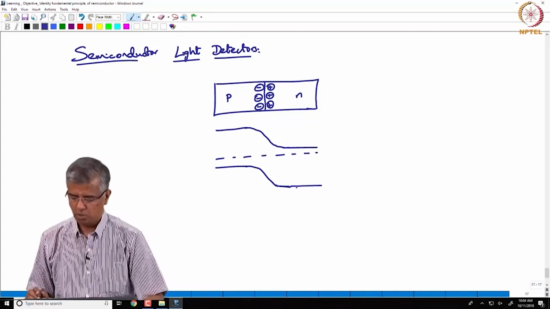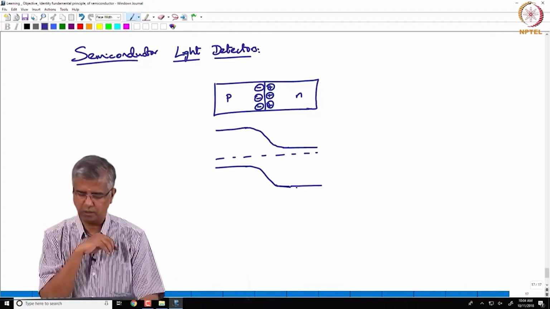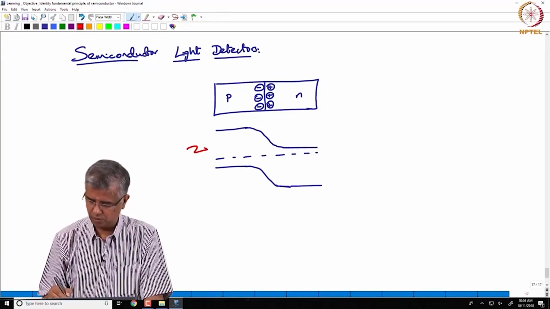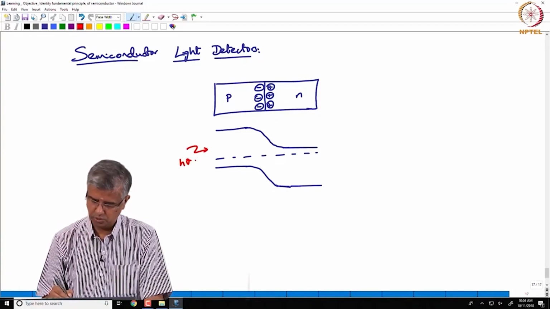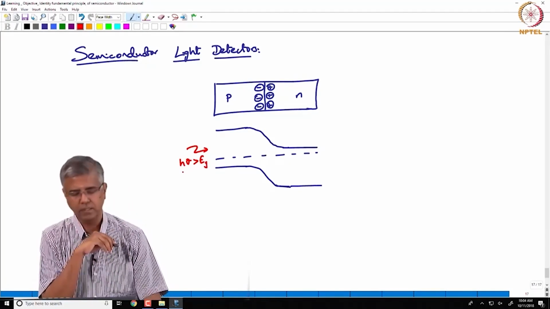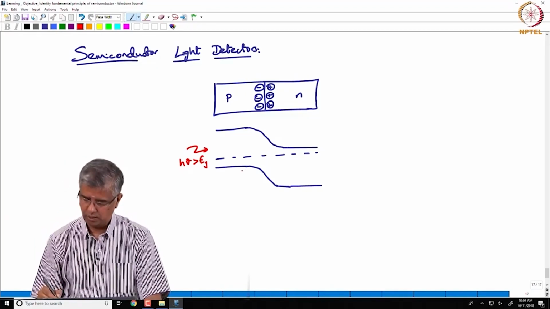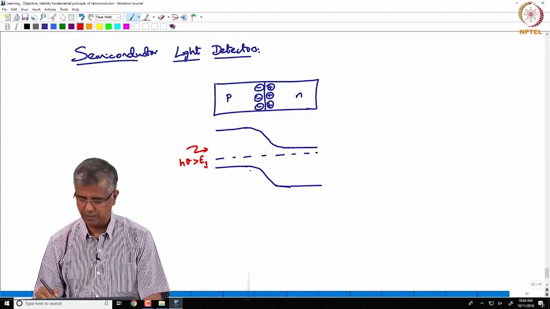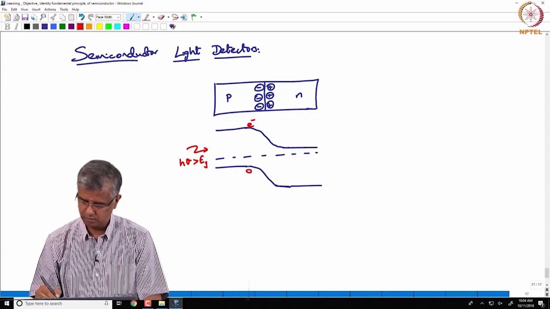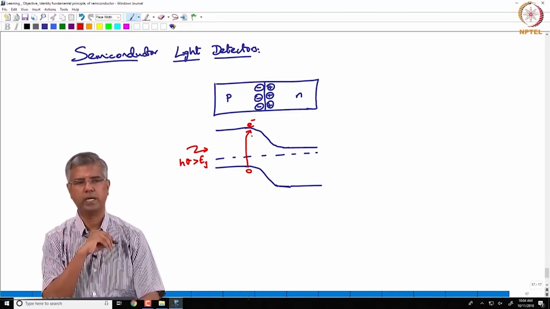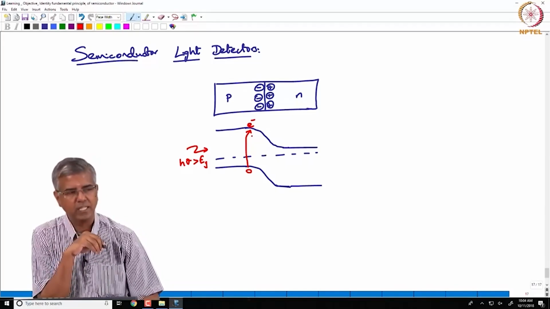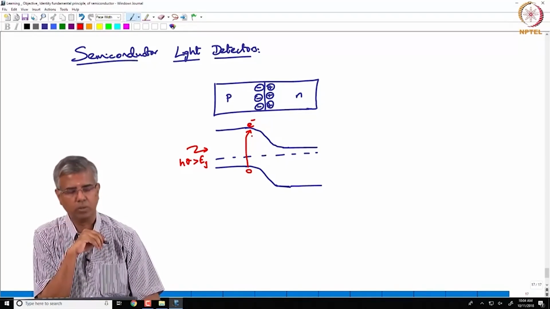Now, what we are talking about is a light detector. So, what we are saying is if you have h nu such that h nu is greater than E g, the band gap energy, then light will be absorbed by this material, and the absorption takes an electron from the valence band to the conduction band, leaving behind a hole in the valence band.